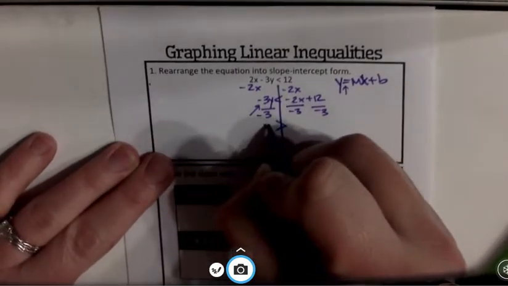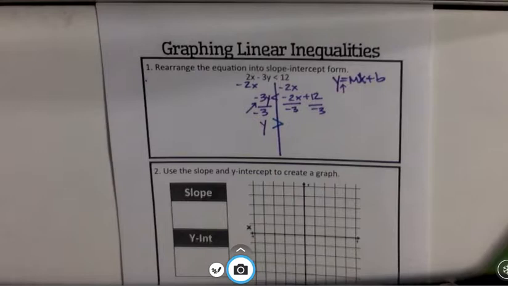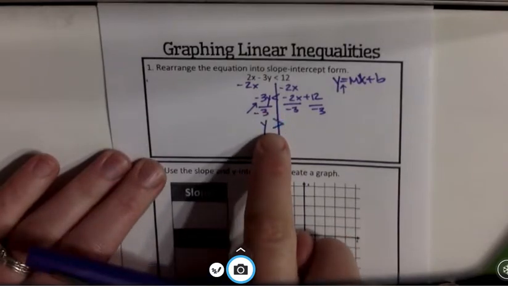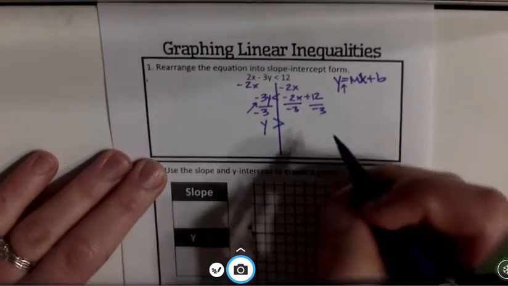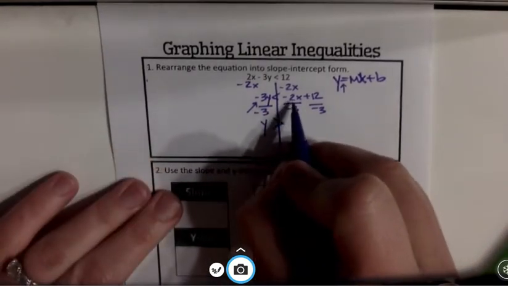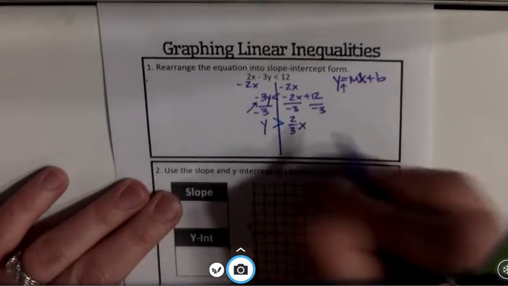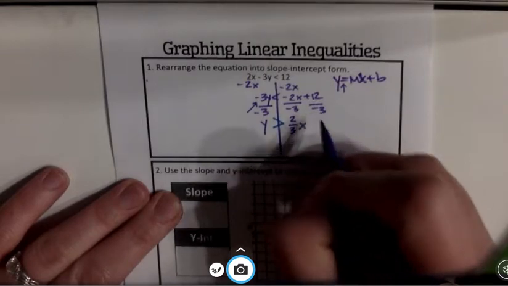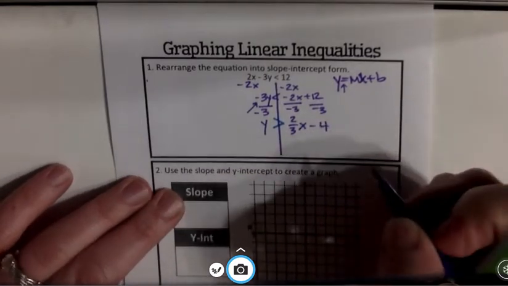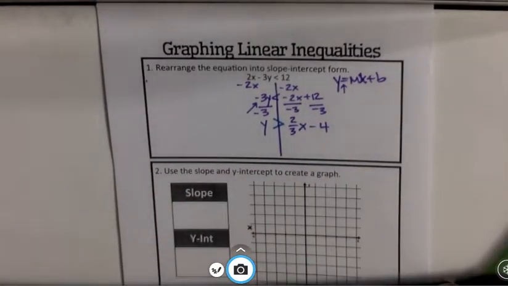If you don't, you have the wrong inequality and you will graph the wrong inequality, and that will be such a bummer for you, because this is the only nuance that you have to pay attention to when it comes to inequalities. So -2 divided by -3 gets us a positive 2/3 for our slope times x. 12 divided by -3 gets us a -4. So there is my inequality that I'm going to graph.